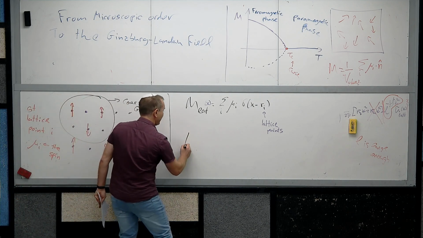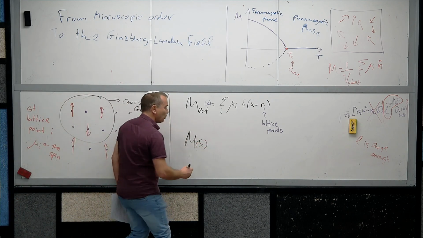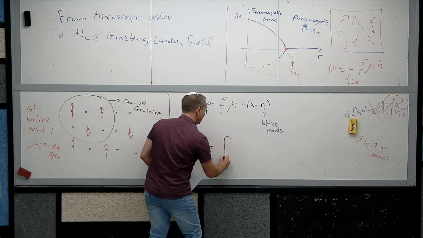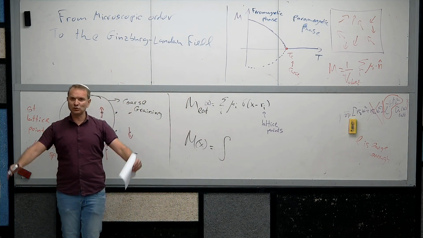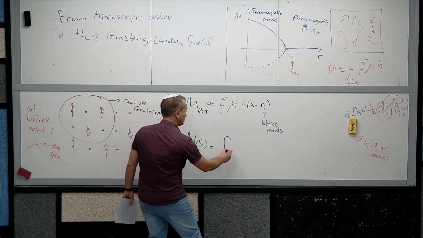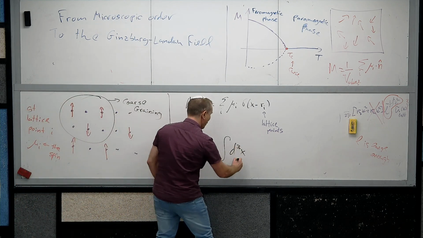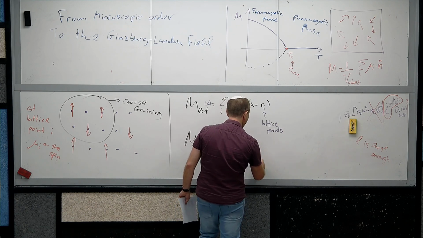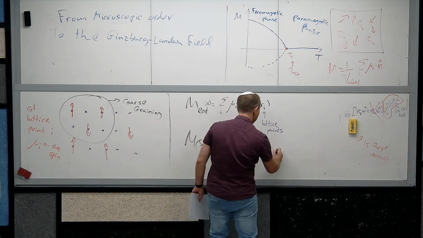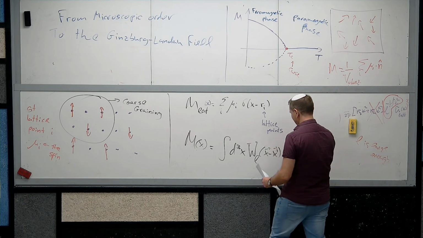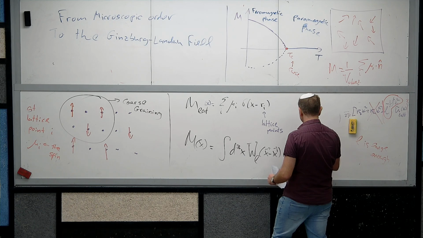Next, what we do? Well, we define a field. What is this, our field? M of x. It's an integration. Let's assume that our lattice is not two-dimensional, but three-dimensional. The integral d3x prime of W_L of x minus x prime, times M lattice of x prime.